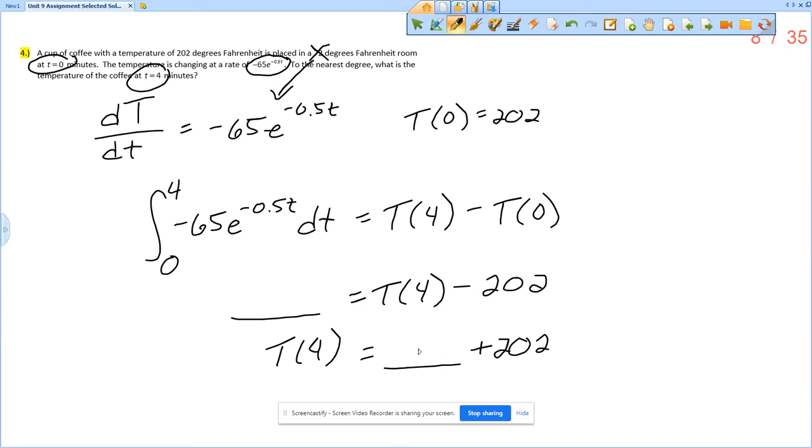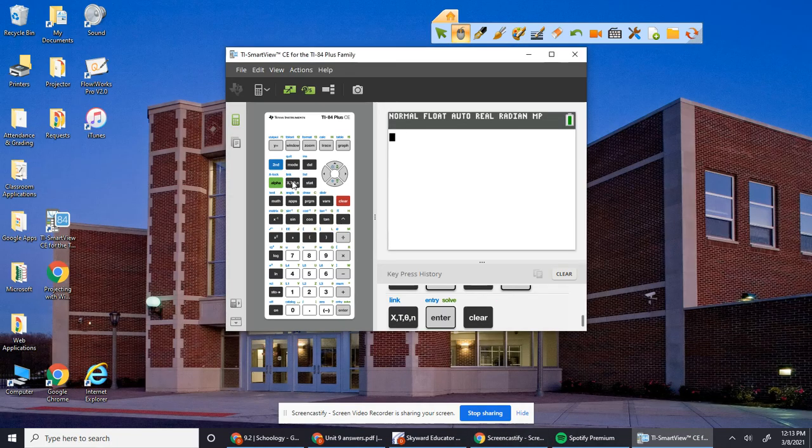So go to your calculator, integral from 0 to 4 of negative 65 e to the negative 0.5 t. All right, so I'm going to do math 9, and I'm going to do 0 to 4, integral from 0 to 4 of negative 65 e to the negative 0.5 x, and then we're going to integrate with respect to x.